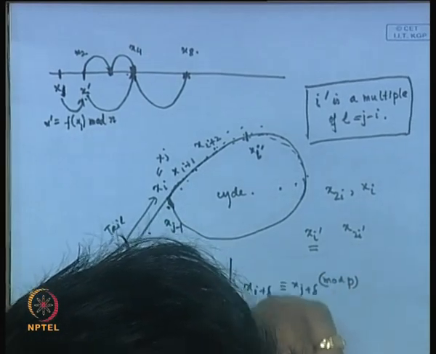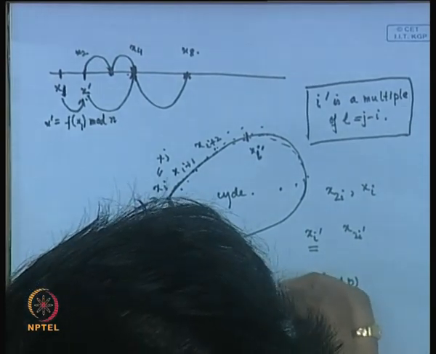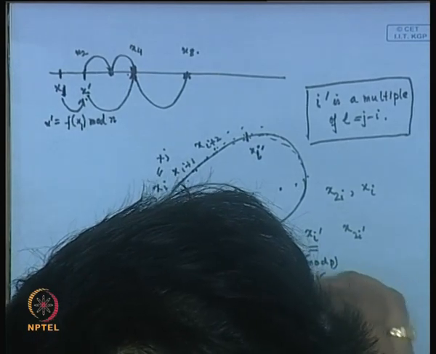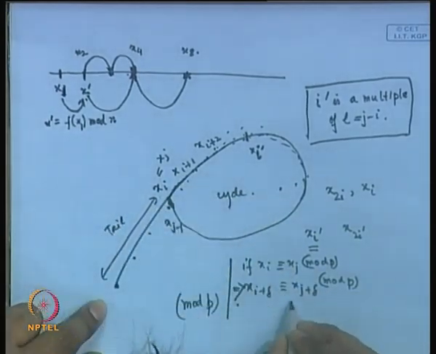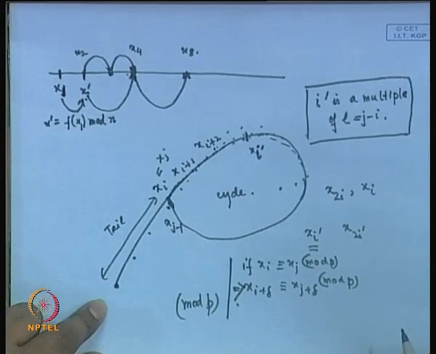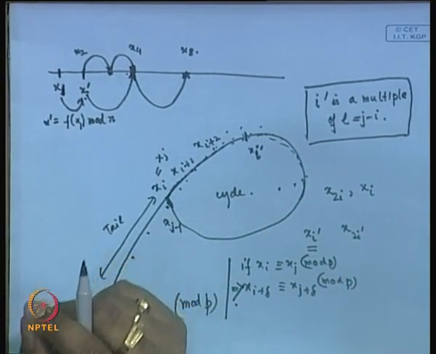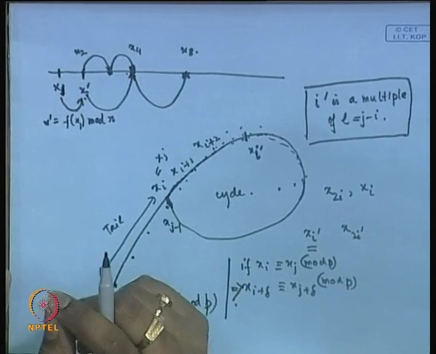So, what was the starting point? If xi and xj are the same modulo p, then xi plus delta will also be equal to xj plus delta modulo p, right, and j minus i was equal to L. So, if there is one element which is L times ahead of the other element, then they are bound to collide, right.